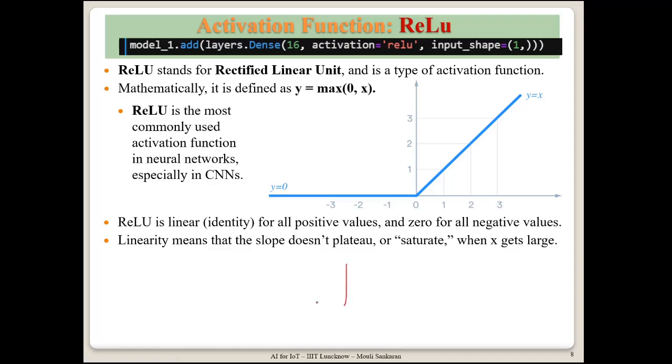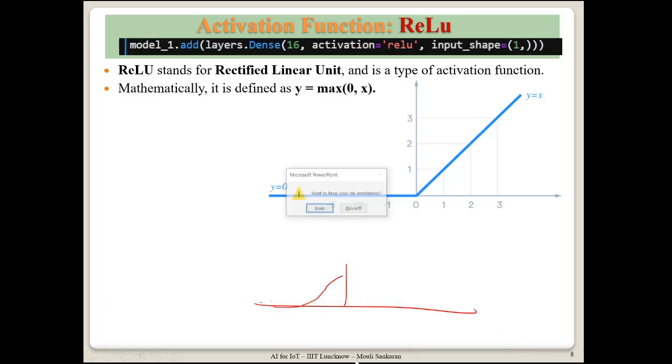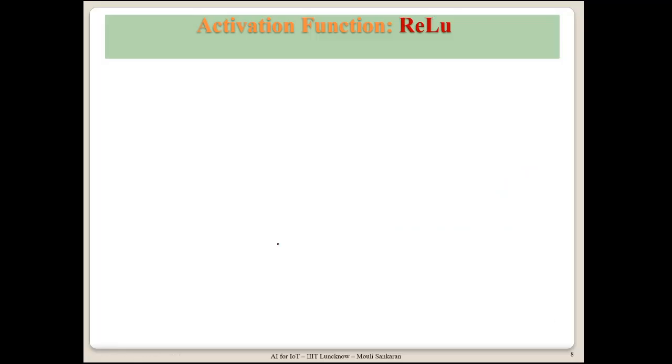So you might have seen the sigmoid function, which happens to be, I'm not drawing properly. Oh, I cannot erase it. So the sigmoid function changes like this. It is 0.5 here, 0 here, 1 here, and during some gap in-between values can come, and then it plateaus.